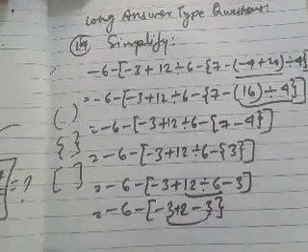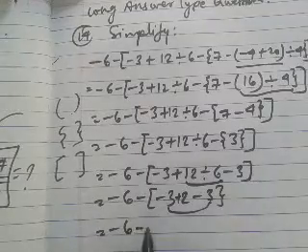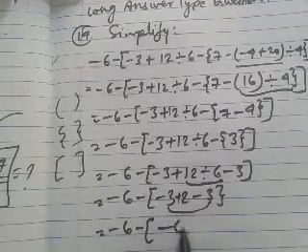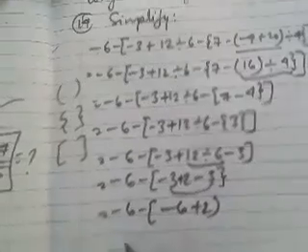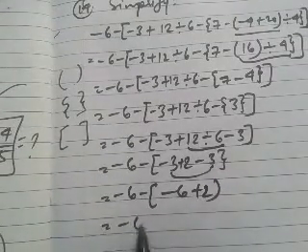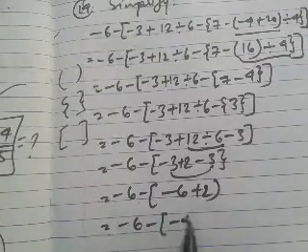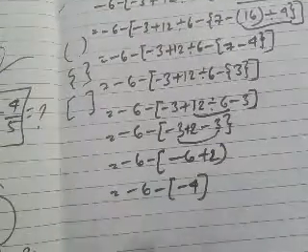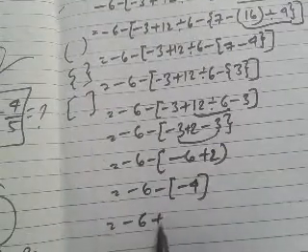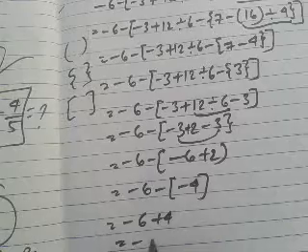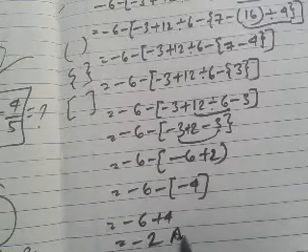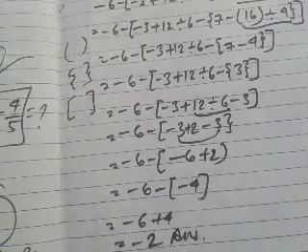6 divided by 2 is 3, so 6 plus minus 3. Then this value, according to the BODMAS rule, minus 6 plus 2 here, then minus 6 minus 4, and this minus 6 plus 4, and the final answer will be minus 2 for this question.